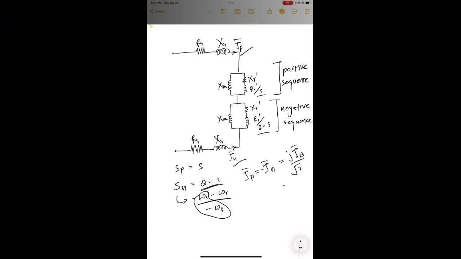So to get this current, the voltage supplied here will be VP minus VN, which we have got earlier.